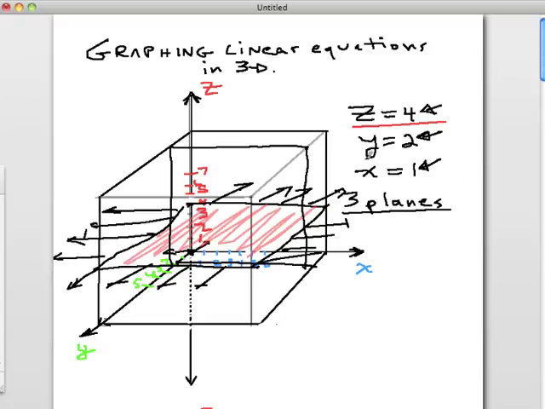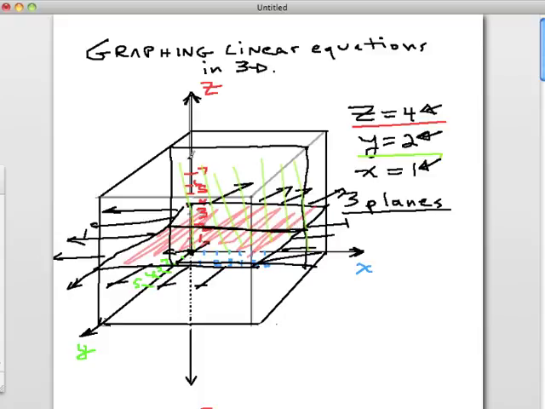We can also already see that there's going to be this intersection right here. So I'm going to color this this way. And this is kind of facing us. And where is the intersection of these two? These two planes intersect right here along this line.